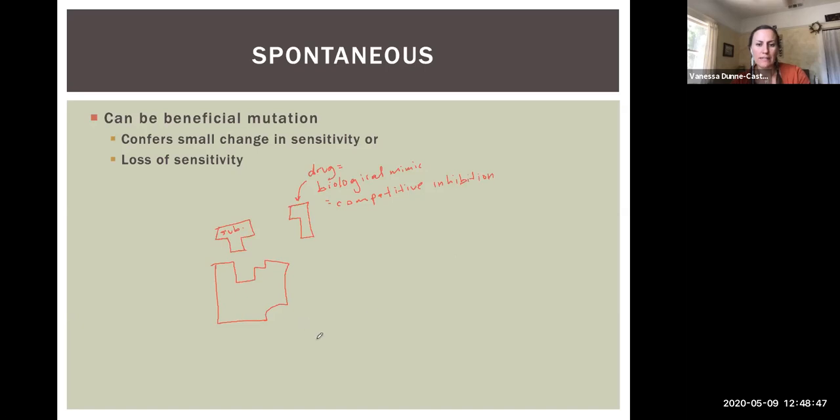Other drugs might act allosterically, right? So a drug could be an allosteric regulator.